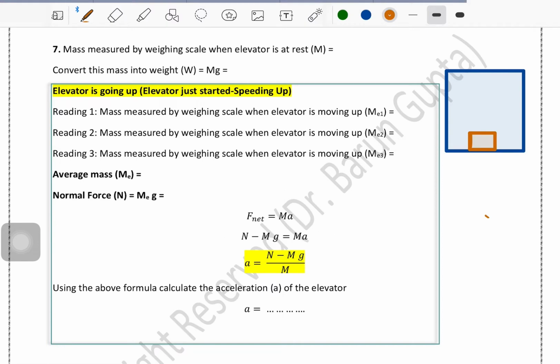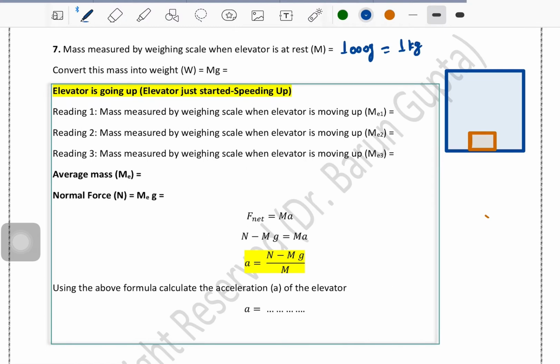And then when the elevator is at rest, you take a note of the reading when the elevator is not moving. So that reading, let's say, is 1000 gram. I am starting with 1000 gram here. You can choose any mass you like. So if I change into kilogram, it will be 1 kilogram.